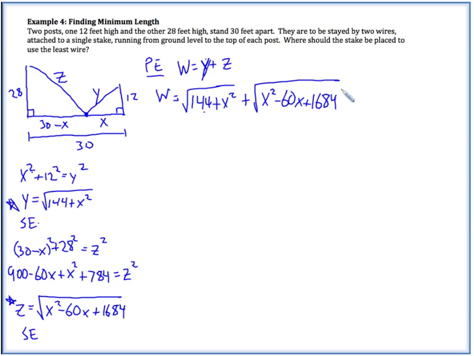Okay, so this is the guy that we want to minimize, meaning we need to go ahead and find w prime. So I want you to pause the video, go ahead and find this derivative, and then come on back to check your work.